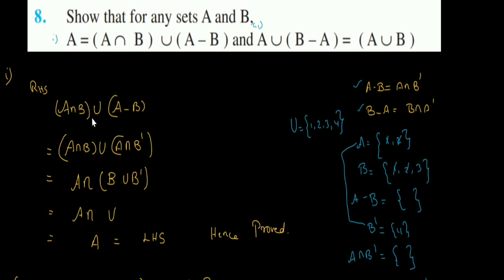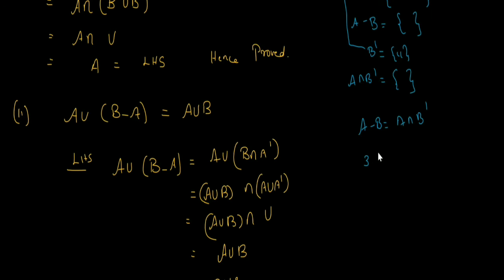So we have taken the right hand side, A intersection B union A minus B. But A minus B is equal to A intersection B dash. Now we use the distributive property here. Suppose you have 3 into 4 plus x. We multiply 3 and 4, you put the plus sign and 3 into the next x. This is the distributive property of multiplication over addition.